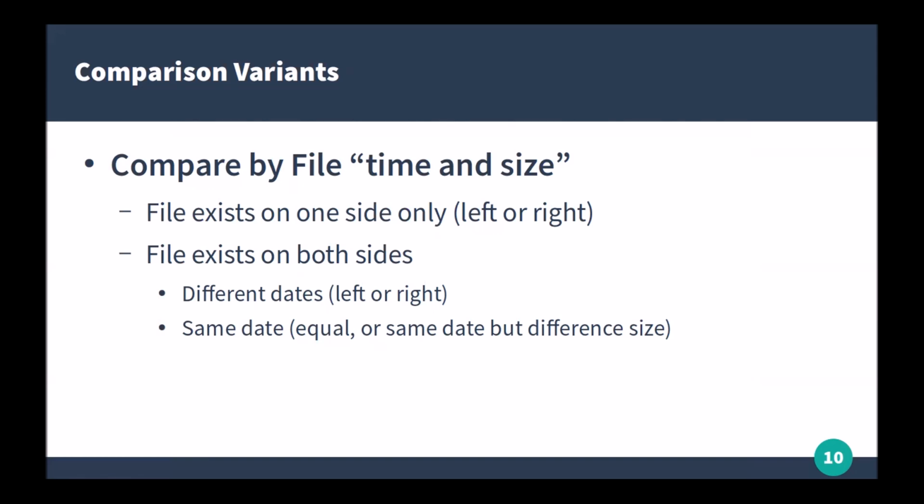And it will tell you these files are only on the left or only on the right. So you need to do something about that because they're not synced. Or they exist on both sides, but one has a different date. Or they've got the same date, but the size has changed. So it brings your attention to something that you might need to do about syncing that file.